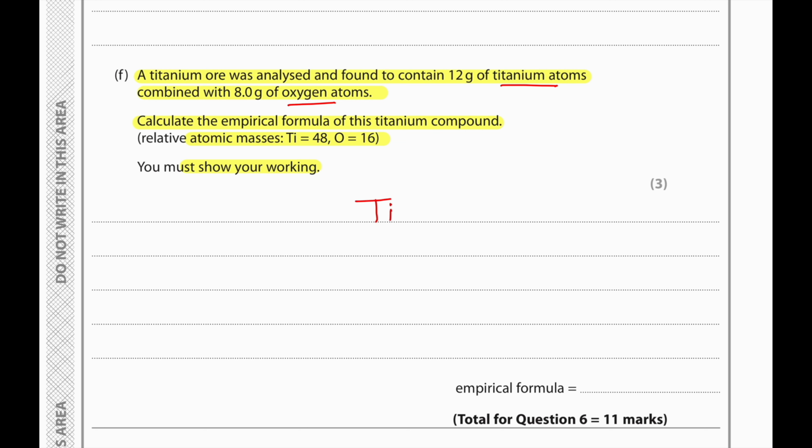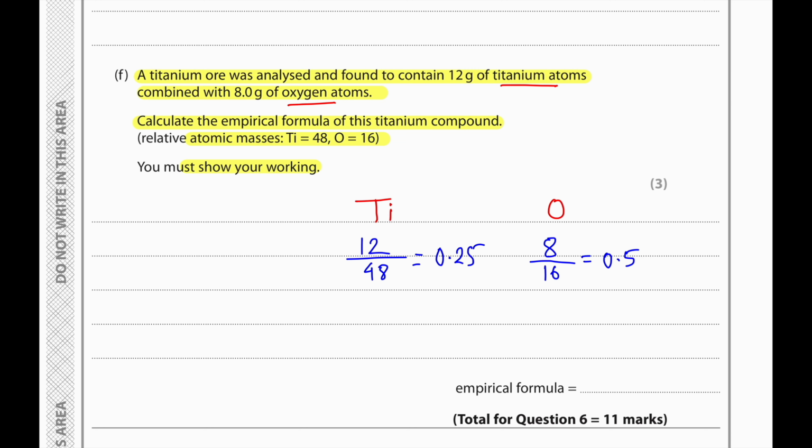So we will put titanium and oxygen, then write down the mass that reacted. Then we will divide those masses by their relative atomic masses. After the division, the answer for titanium is 0.25 and the answer for oxygen is 0.5.